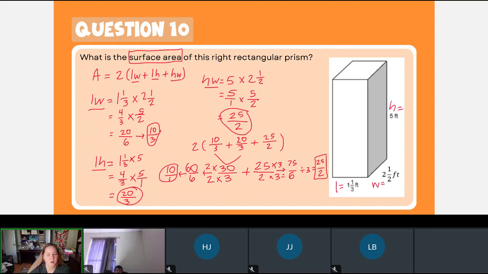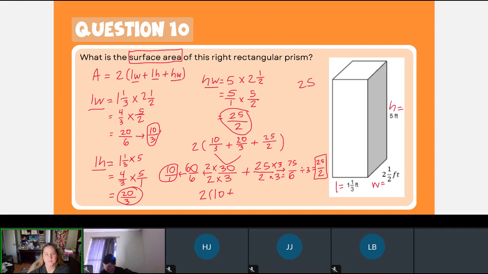All right, so our problem was 2, and we had to add those together. So 10 over 1, or 10, let's do it as 10, plus 25 over 2, which we need to make into a mixed number, right?